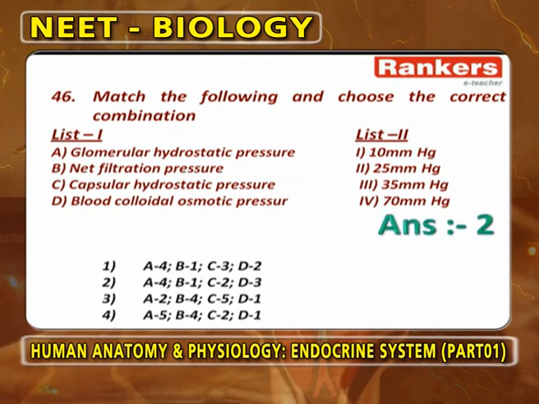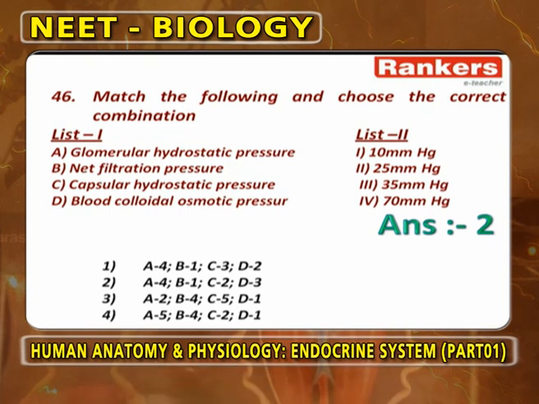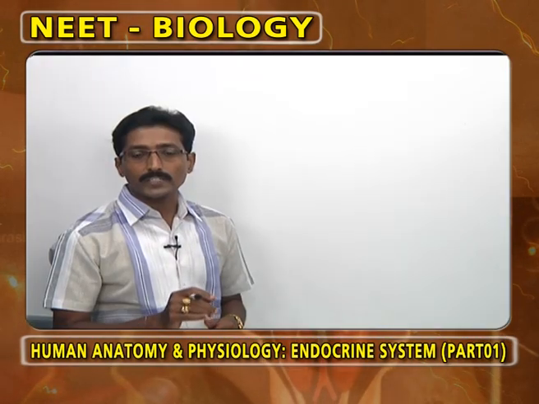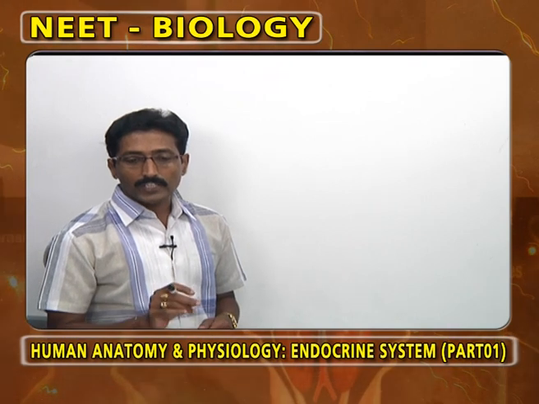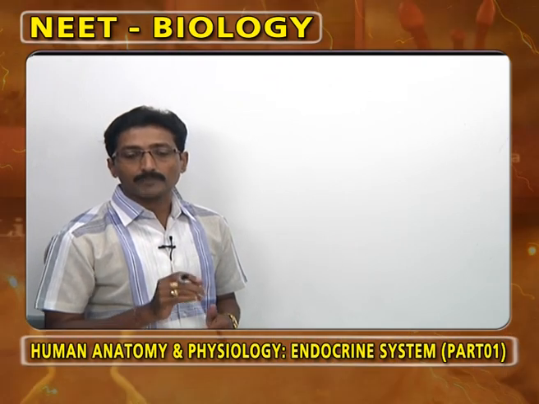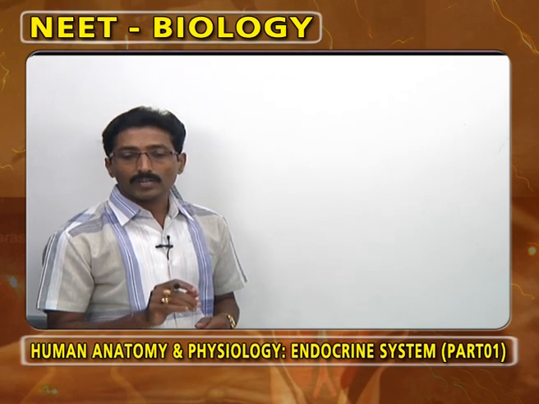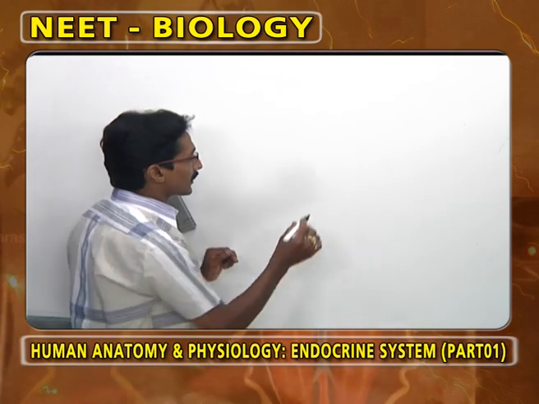Match the following and choose the correct combination. First you have to observe list 1 and list 2. The first one is glomerular hydrostatic pressure. The next ones are net filtration pressure, capsular hydrostatic pressure, and blood colloidal osmotic pressure.